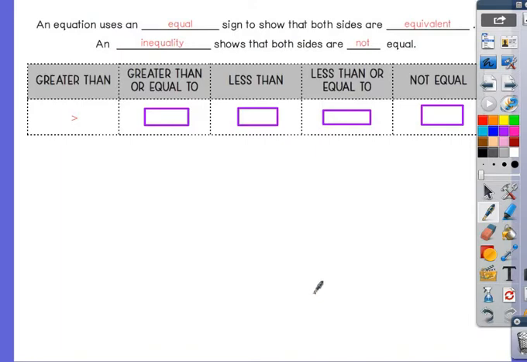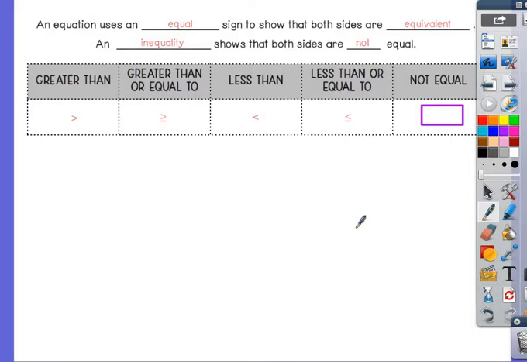It's a greater than with a line underneath to represent the equal to part. We'll get into that. Less than, the alligator's mouth opens to the right. Less than or equal to is a less than sign with a line underneath.